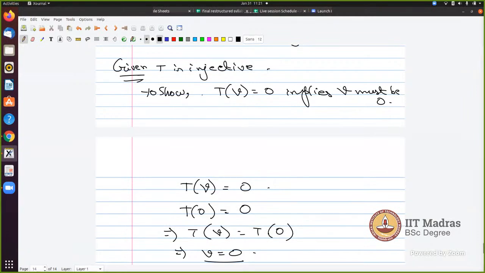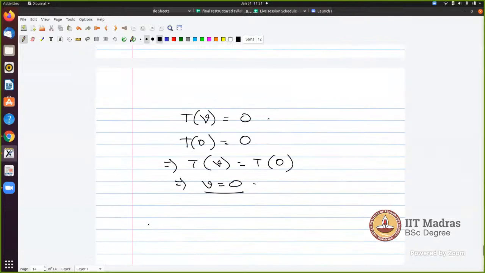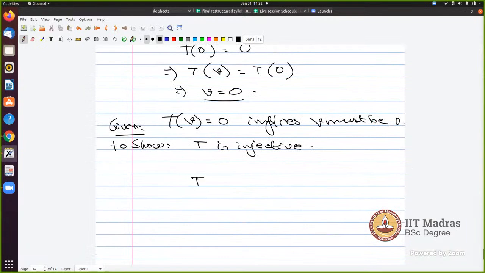Now the problem comes when we want to show the converse. Now given T(V) equal to 0 implies V must be 0, to show T is injective. T is injective means suppose there are two vectors V1 and V2 such that T(V1) equals T(V2). I want to show V1 and V2 are equal.